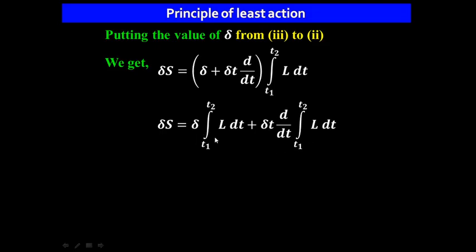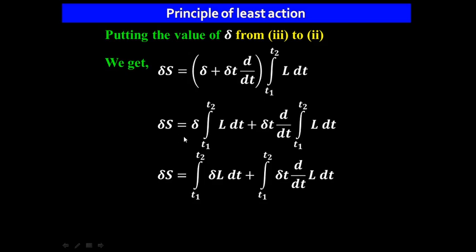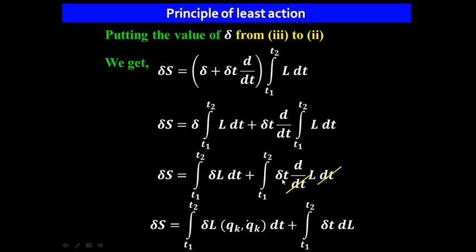So delta S is equal to the integral from T1 to T2 of delta L dt, plus delta t d by dt L dt. Now d by dt with respect to d by dt is 1, so in the bracket the term will remain d delta t by dt, and delta t into dL here.